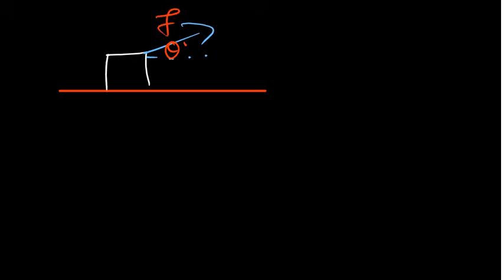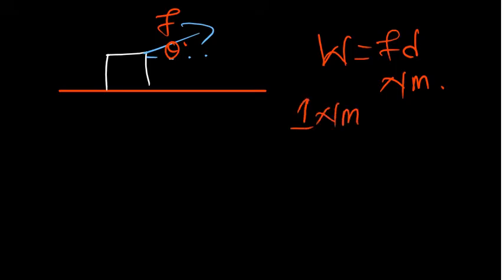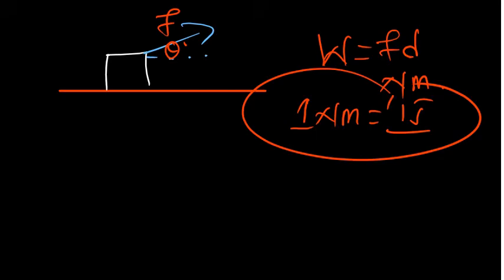Now, to find the work done, we are saying work is force times the displacement. And remember, force is in Newtons, the displacement is in meters. This means that 1 Newton meter is 1 joule. So the SI unit for work is basically joules. So 1 Newton meter is equal to 1 joule. Okay, that is also very, very important.